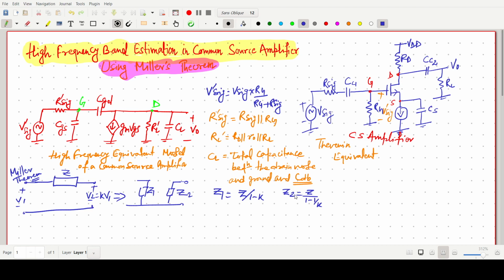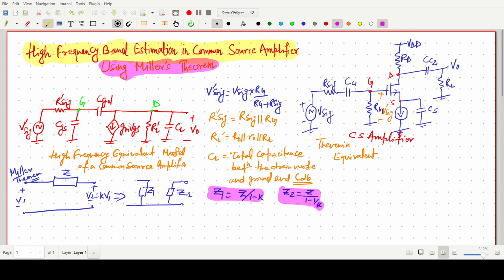So this one is the Miller theorem concept, okay. For the time being you just remember these two formulas, where k designates the gain, okay.